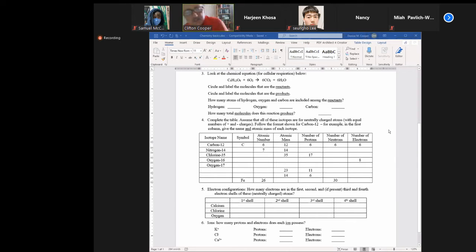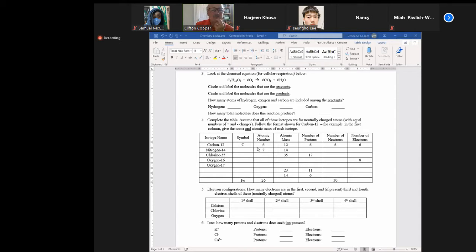Now I asked you to complete this table, and, well, obviously that's kind of tricky. There's enough information here to answer in all the blanks, if you're assuming equal numbers of plus and minus charges, which is what I say to do here. I gave you one of them worked out completely. That's the carbon 12.